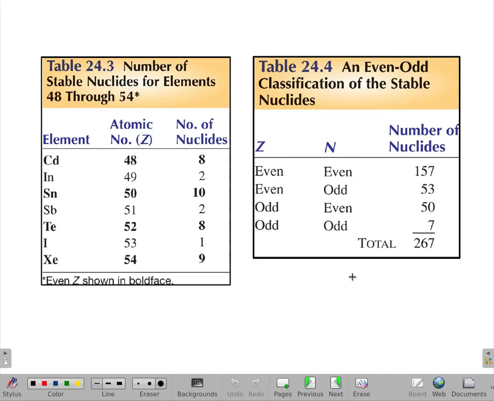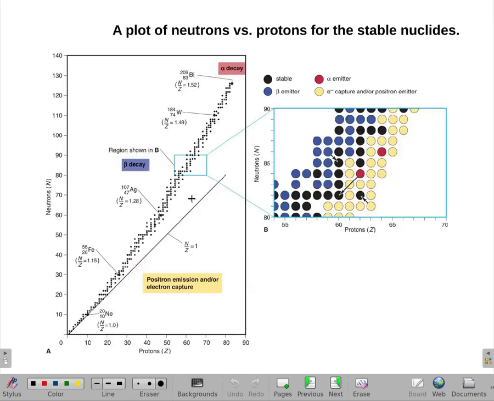Alright, when we expand on that, if we look at something that has an even atomic number, we find there are a lot more stable nuclei than if it's odd. And we see that all the way along. In fact, if I go back here, there are a few rows where there's nothing there.